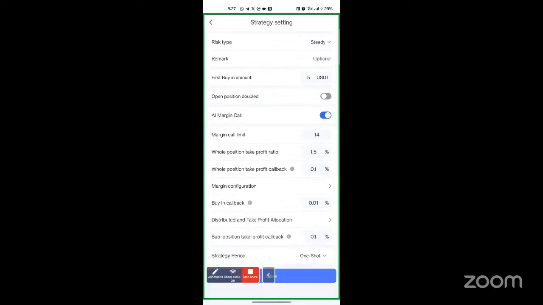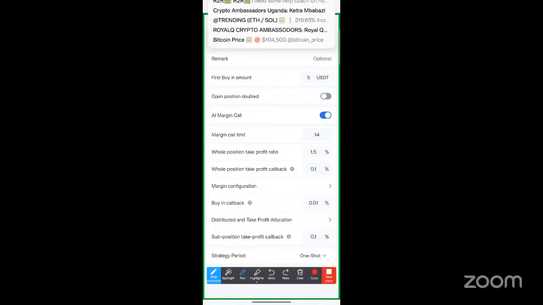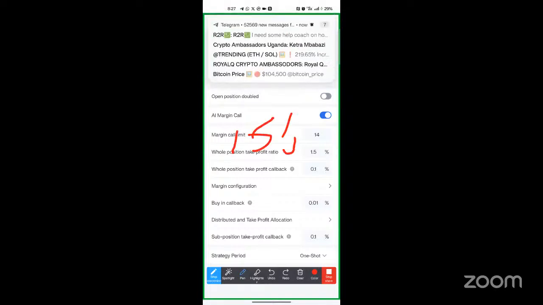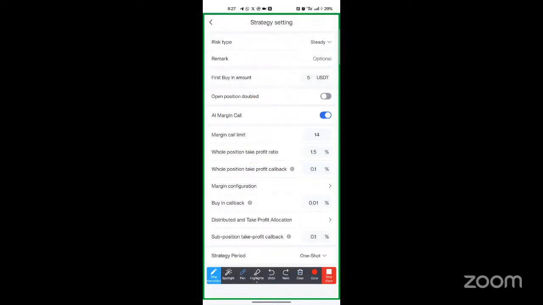Then I want one shot, meaning that with this strategy here, even if someone sends me a drop of 15%, I can still use it. Because I have already worked on my mind, I have created my own strategy and settings.